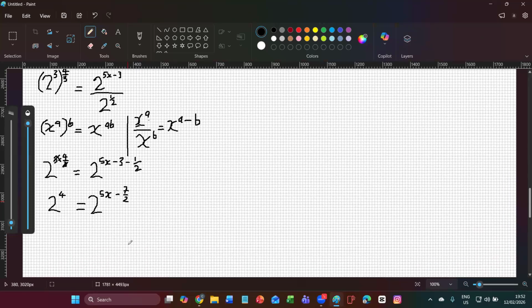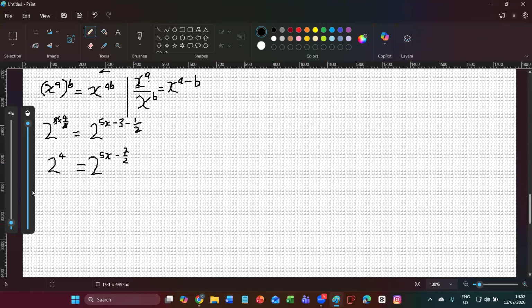So this is what I have now. Now, you know that popular thing, that when the bases are the same, based on the principle of what? Same bases. Whenever the bases are the same and there's an equal sign, the powers must be the same. And again, I don't usually like it when people say we divide both sides by something.